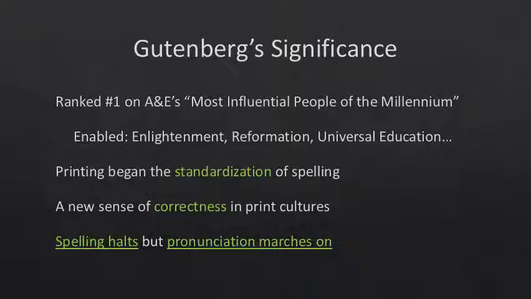Spelling was phonetic, it differed from region to region, but the whole idea of what is the right way to spell X, or even what is the right meaning of X, or is X a word, all of that standardization mindset comes out of Gutenberg. And I'll repeat it one more time. Due to Gutenberg, spelling begins to halt, but pronunciation, as it always does, marches on.